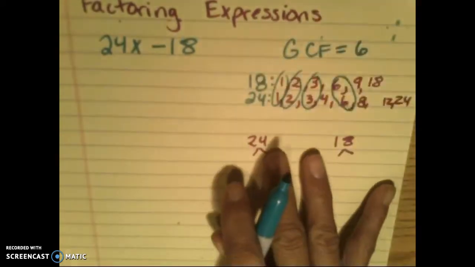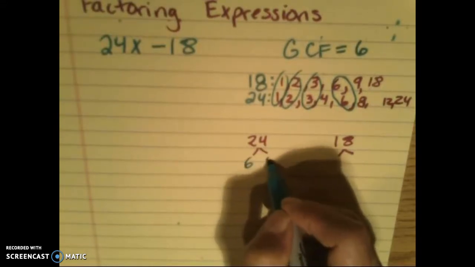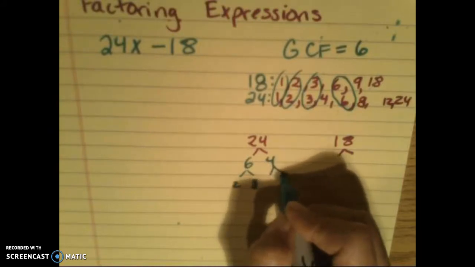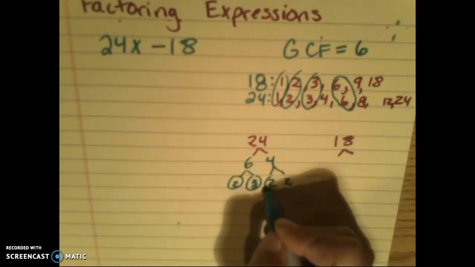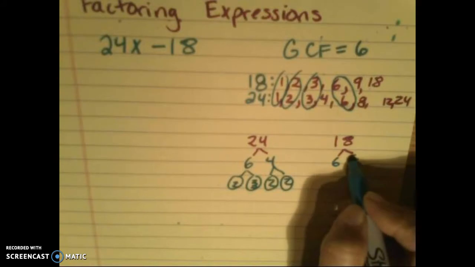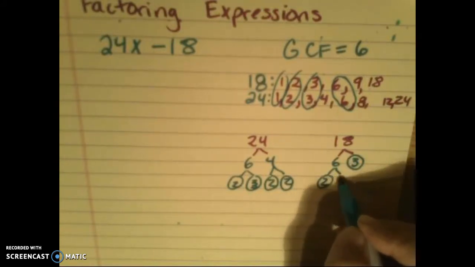The other way is to do a factor tree, prime factorization. So for 24, it's going to be 6 times 4, which is 2 times 3, which is 2 times 2. And you keep going until you have all prime numbers. And for 18, 6 times 3, 3 is prime, 2 times 3, and these are all prime.